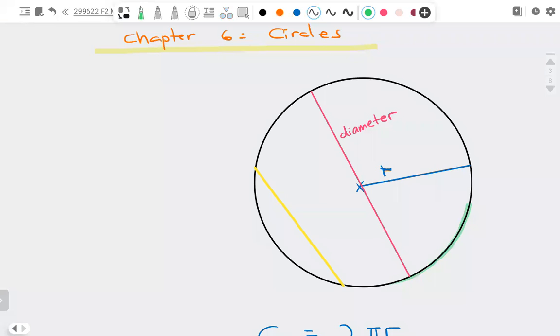So this is known as a chord, C-H-O-R-D. Also, the black color line on the outside is known as circumference.